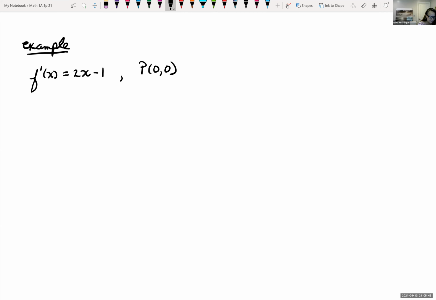What would give us, when we took the derivative, 2x? Well, if I think about bringing down the power and subtracting 1, I notice that x squared, if I took the derivative of that, I would get back 2x.